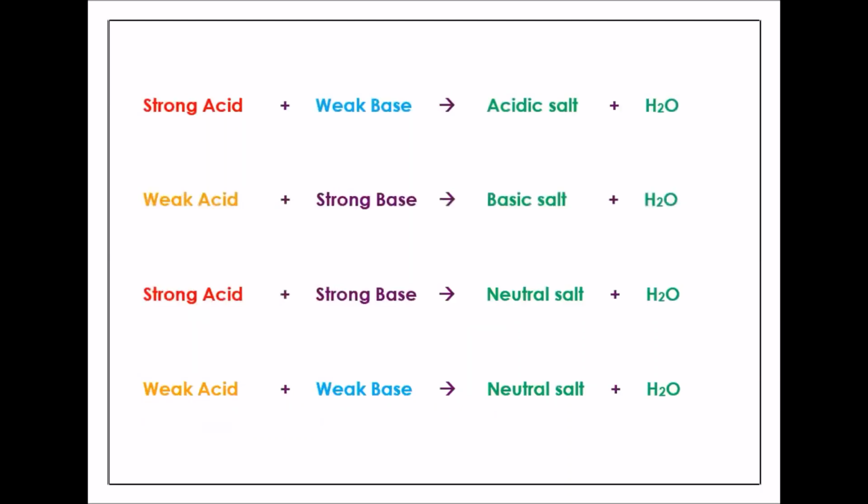So we have learnt three types of salts: acidic salt, basic salt, neutral salt. Acidic salt is formed by combination of strong acid and weak base. Basic salt, weak acid plus strong base. Neutral salt, strong acid plus strong base. Another neutral salt, weak acid plus weak base.